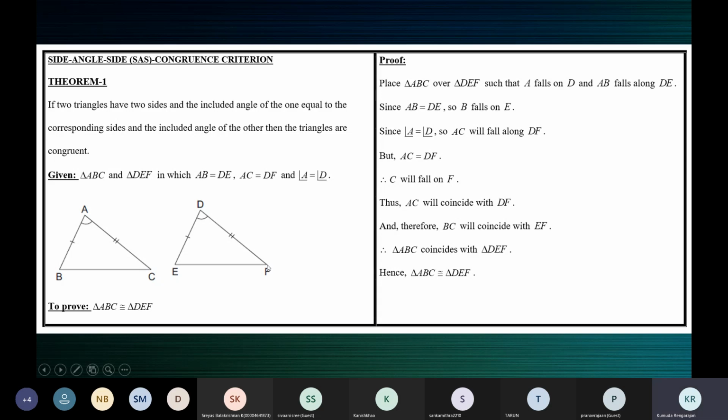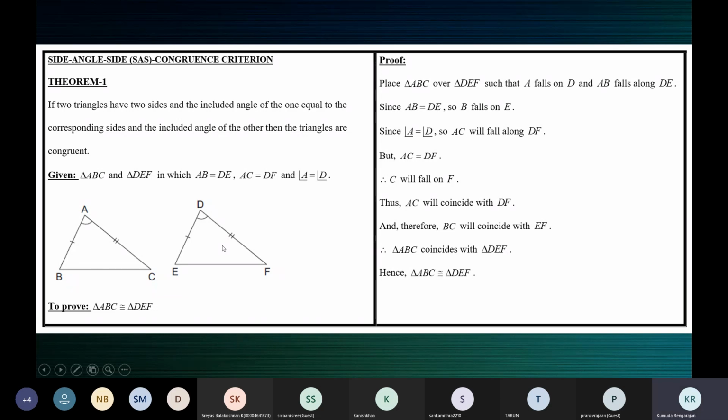So now what has happened? A falls on D, B falls on E, C falls on F, BC is equal to EF. All the six pairs of equalities have been checked here. Triangle ABC covers triangle DEF exactly, which means they're identical, which means they're congruent to each other.